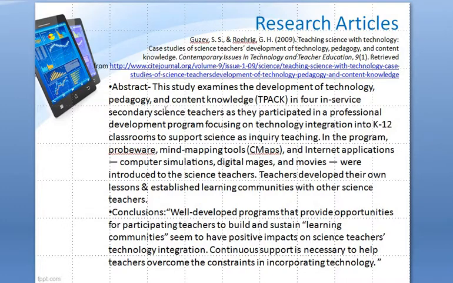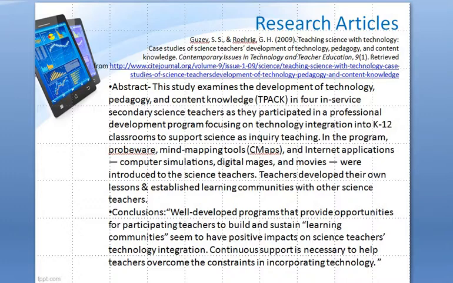The study examined the development of technology, pedagogy, and content knowledge, abbreviated TPAC, in 4 in-service secondary science teachers as they participated in a professional development program focusing on technology integration into K-12 classrooms to support science as inquiry teaching.